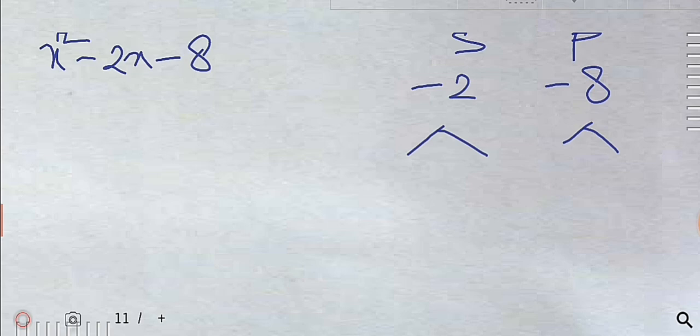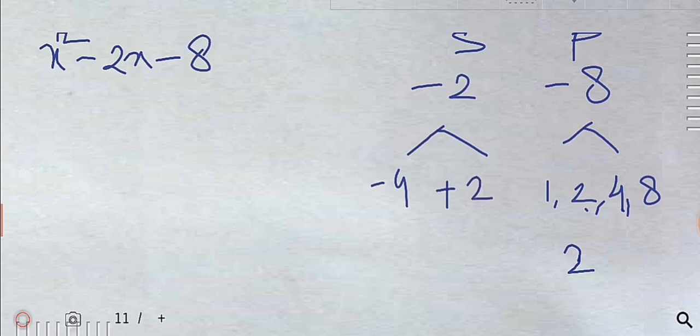So let us take the factors of 8: 1, 2, 4 and 8. Now 4 minus 2 is 2. To get minus 2, we have to take the two factors as one is minus 4 and the other one is plus 2. See, if you add minus 4 plus 2, the result is minus 2.